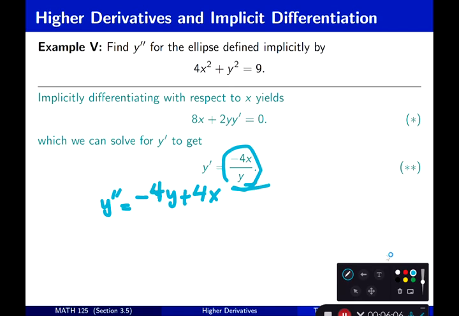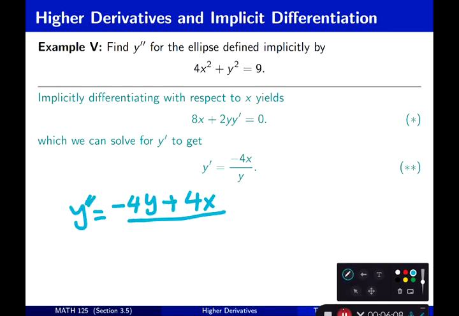And the derivative of low in this case is just y prime, and over y to the power 2.